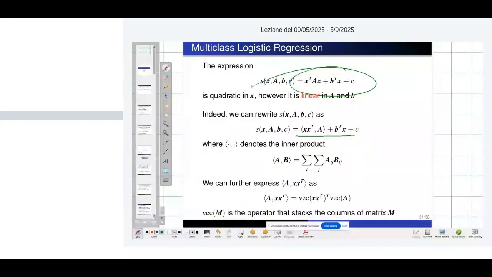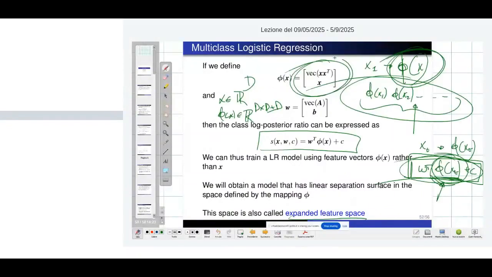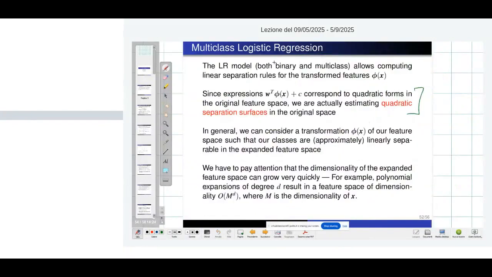So to learn a quadratic separation rule, we can perform a nonlinear expansion of our vectors and learn a linear separation rule in the expanded feature space. This linear separation rule in the expanded feature space will correspond to a nonlinear separation rule in the original feature space. All that we need to do is compute the feature expansion.